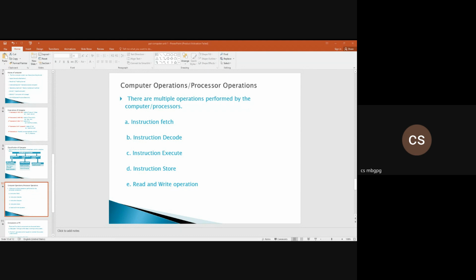So during the data processing cycle, multiple operations are performed. In these three steps, these operations are your instruction fetch, in which the instructions are fetched.